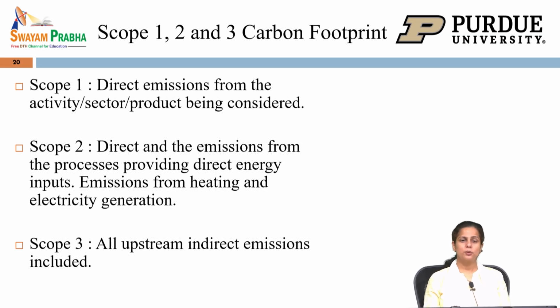Scope 2 includes both direct emissions and the emissions from the processes providing direct energy input. For example, if a process is burning some fuel to get heating, that is our scope 1 emission. But let us say it also consumes some electricity to run some machines.